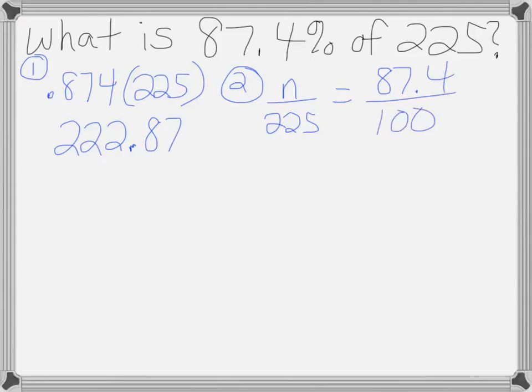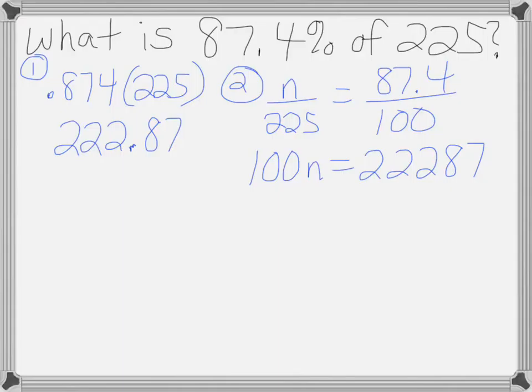Cross multiply, 100 times N is 100N. Diagonally the other way, 225 times 87.4 is 22287.